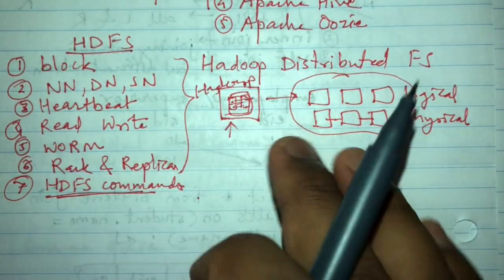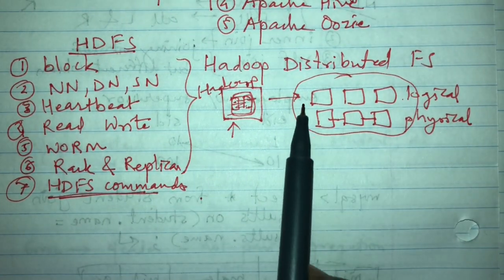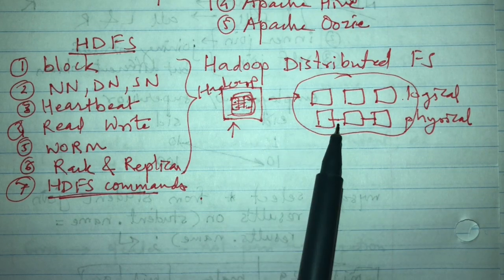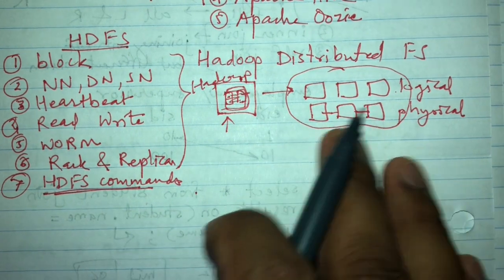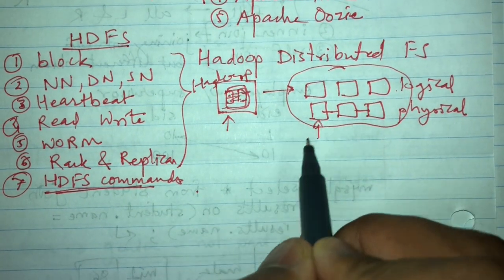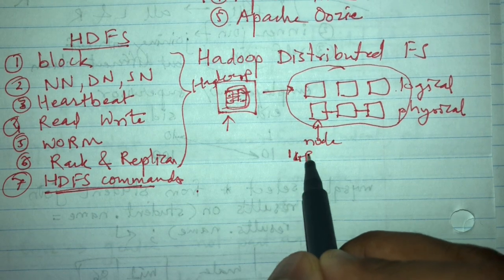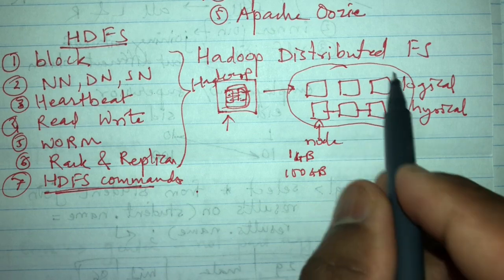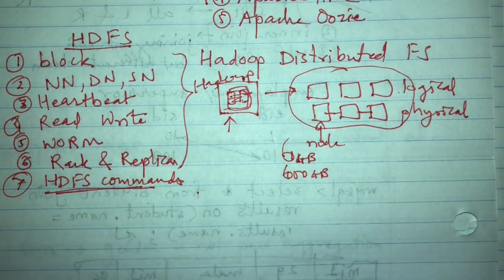The advantage of a distributed file system is that you can multiply the resources that you have for a single system just by adding a new node. This particular single machine is called a node. So let's say it has 1 GB of RAM and 100 GB of hard disk, then with six such nodes the entire cluster becomes 6 GB of RAM and 600 GB of hard disk.